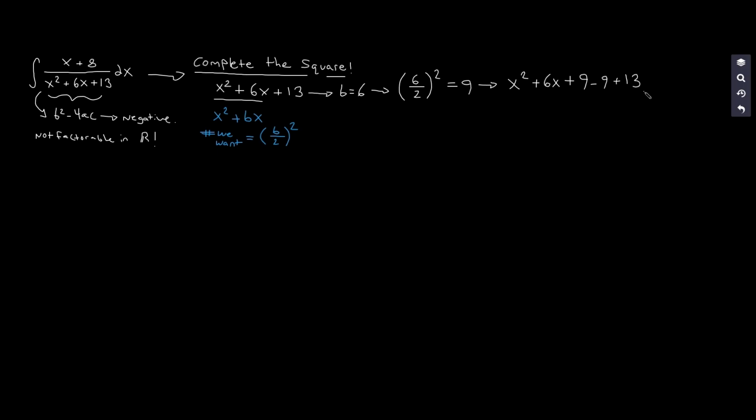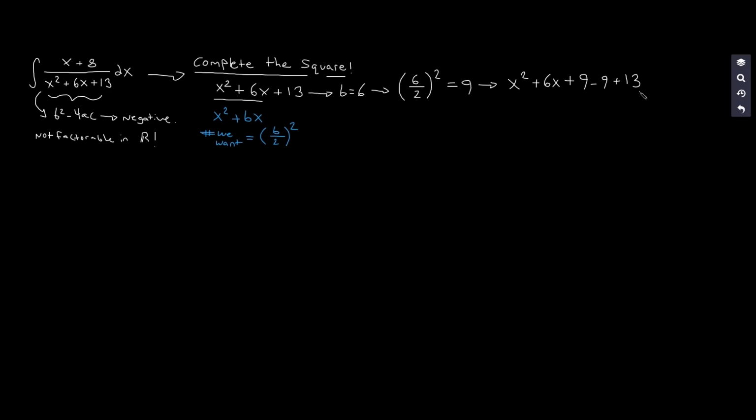And then we can simplify. 13 minus 9 is going to be 4.